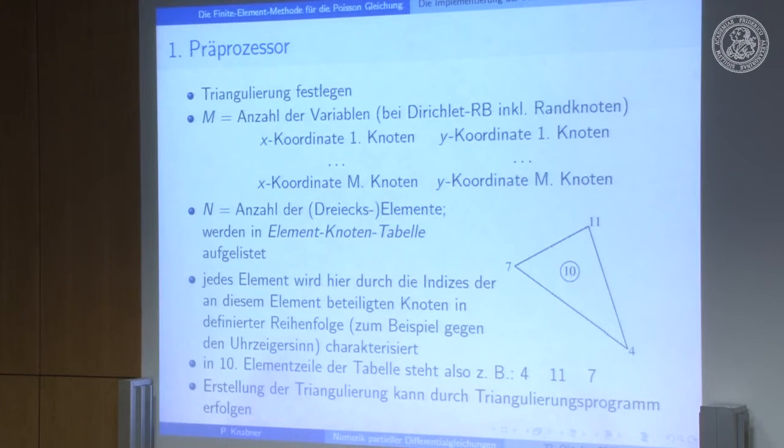So we have first to specify the nodes of the triangulation. To do so, we need a list, or we can do this just in a simple array, which notes the coordinates, in our case the x and the y coordinates, and in other dimensions correspondingly modified, of the m variables what we have. Keep in mind that in the case of Dirichlet data, we include these boundary points.